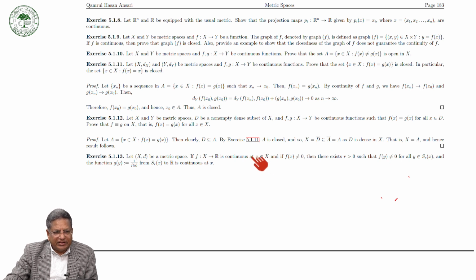And not only this, the function defined as g of y equal to 1 over f of y on the open ball with center x and radius r is continuous at x. This you can also prove very easily.